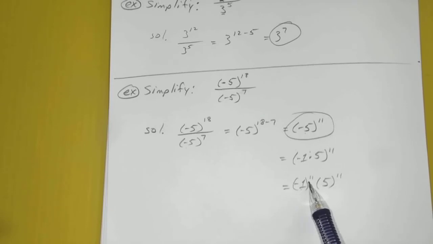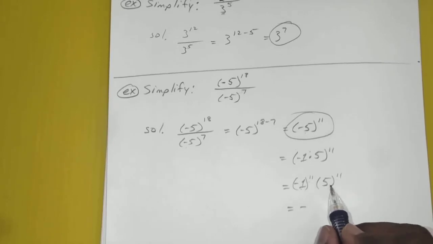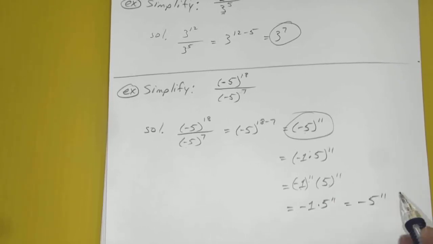And negative 1 to any odd power is going to be negative. That's just negative 1 times 5 to the 11th power, which is just negative 5 to the 11th. So on this one, it actually would work.